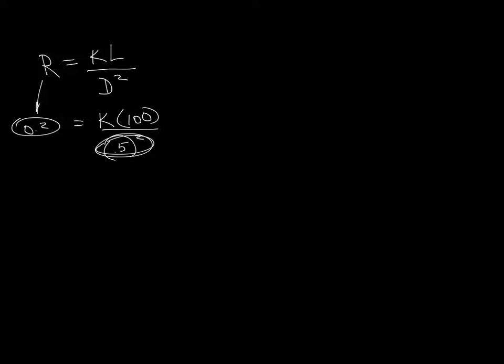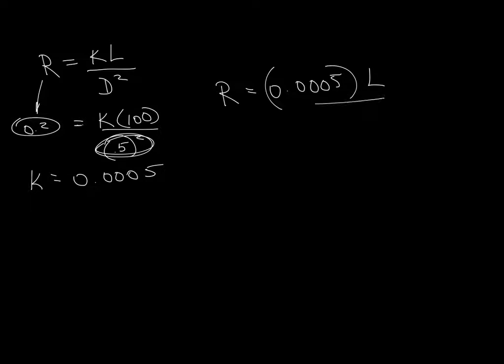And so k then is 0.0005. So I'm going to rewrite my formula with 0.0005 times my length over d squared. I found my k and plugged it in my formula.